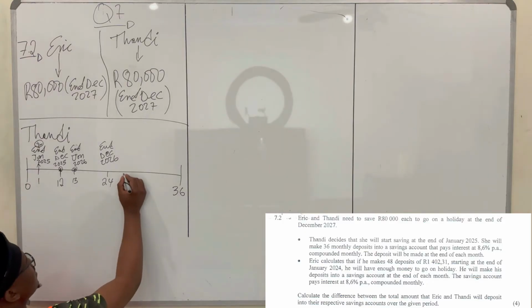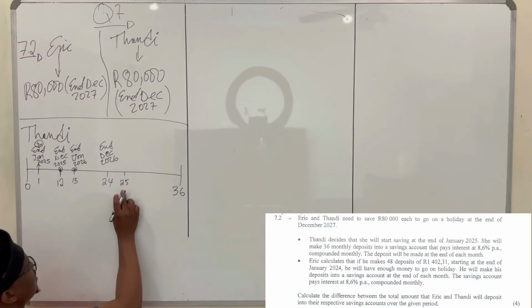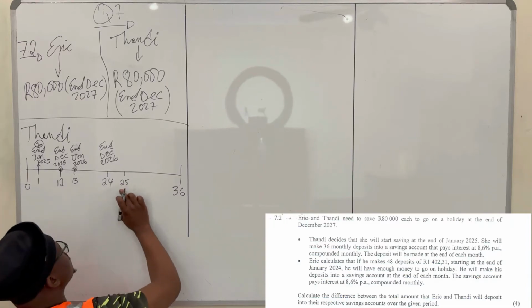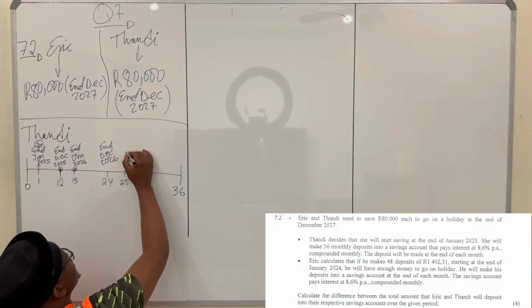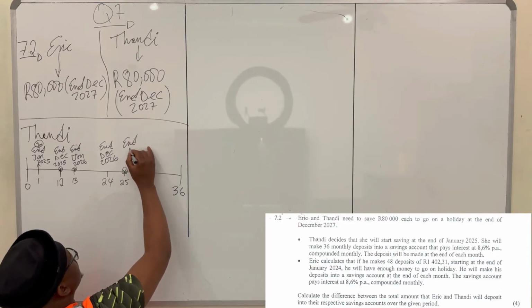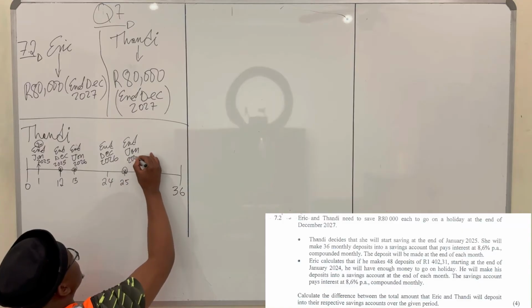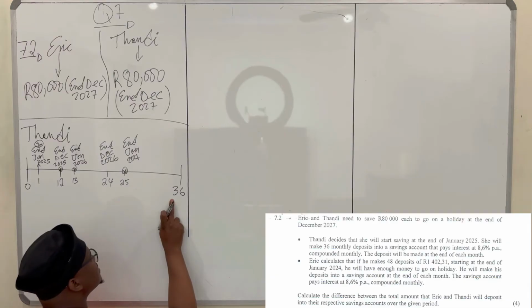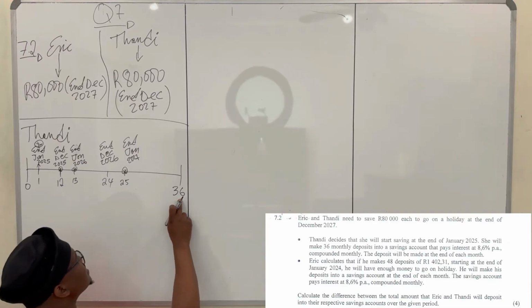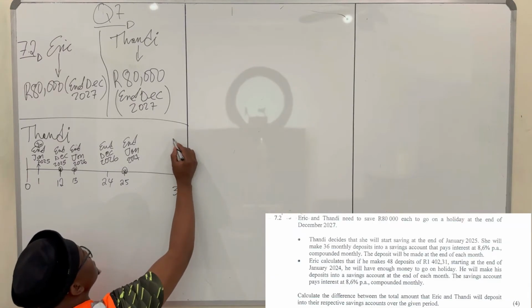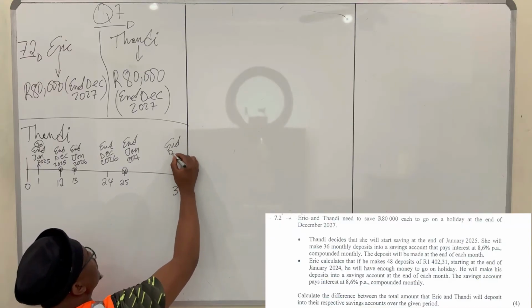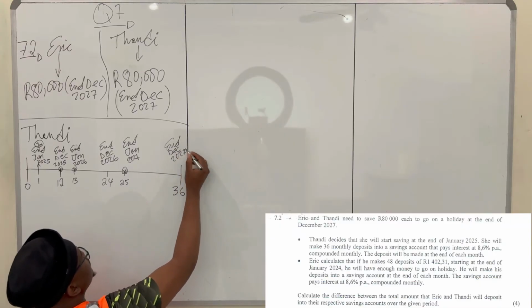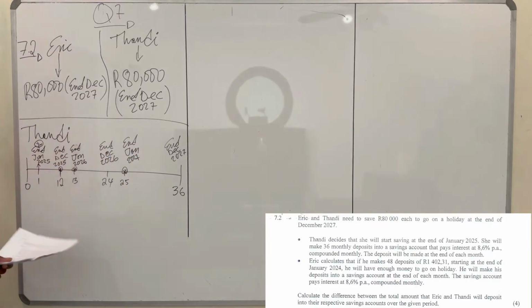Right? Look, the 25th payment will be made here. This is end of January, which is the next year, 2027. And that year she should also make another 12 payments to get to 36. And this 36th payment is made at the end of December 2027, when the trip is due. So this is Tandy's timeline.